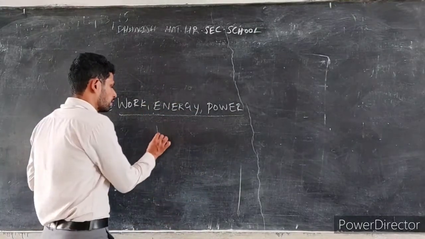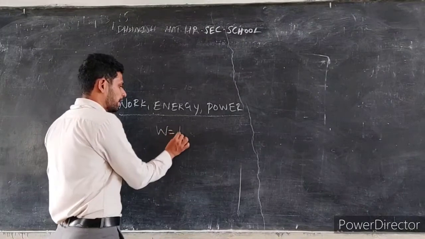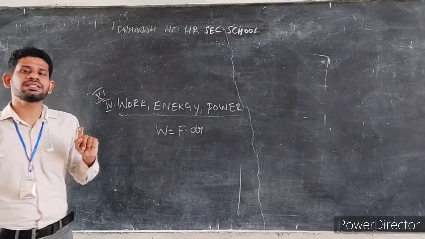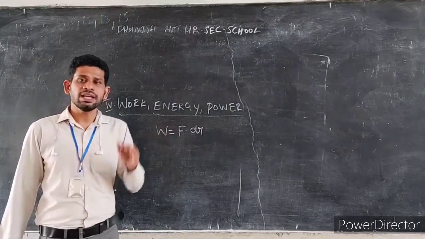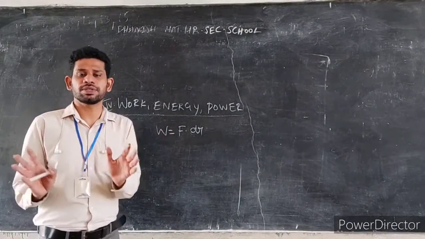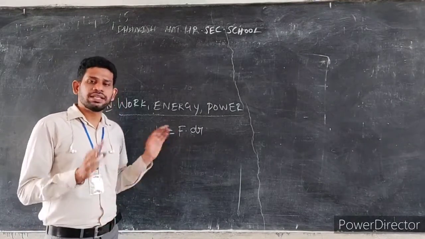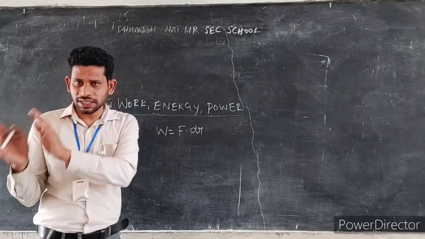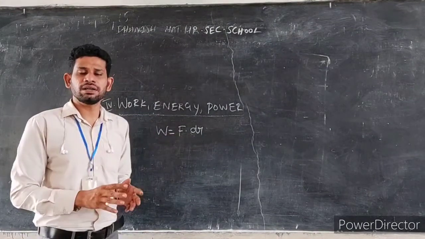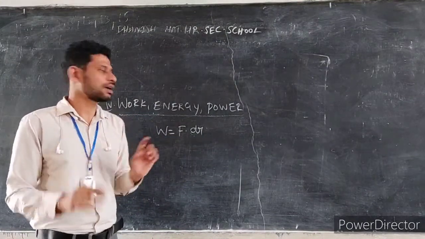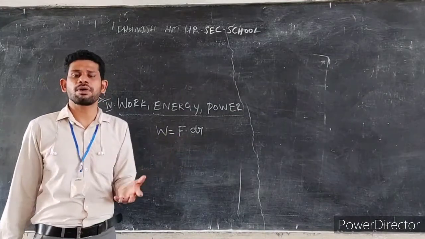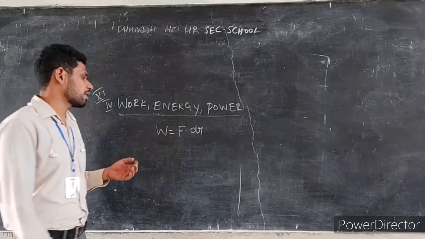So work done is when an applied force displaces an object. The force does some work on that object, moving it from here to here. Work done is actually a scalar product.